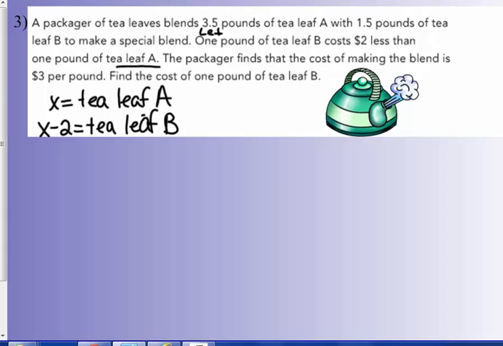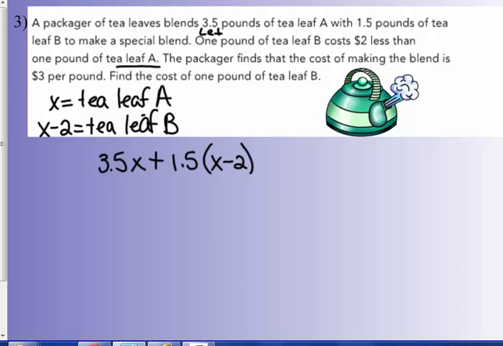The packager of the tea leaves blends 3½ pounds of tea leaf A, so it's just an x. So 3.5 times A with 1.5 pounds of tea leaf B. Tea leaf B, 1.5. To make a special blend.